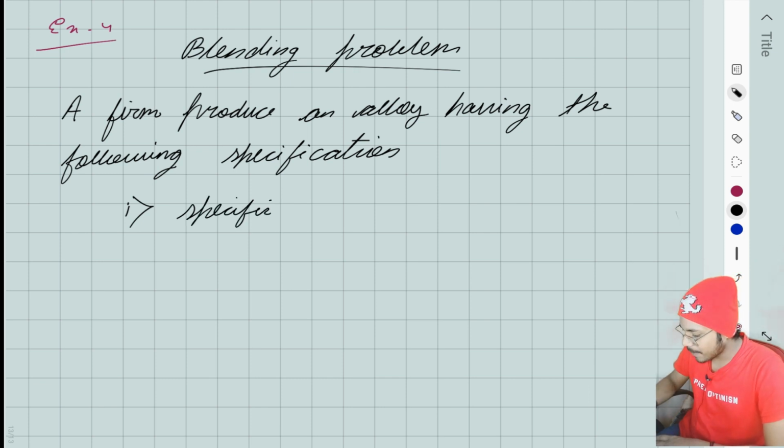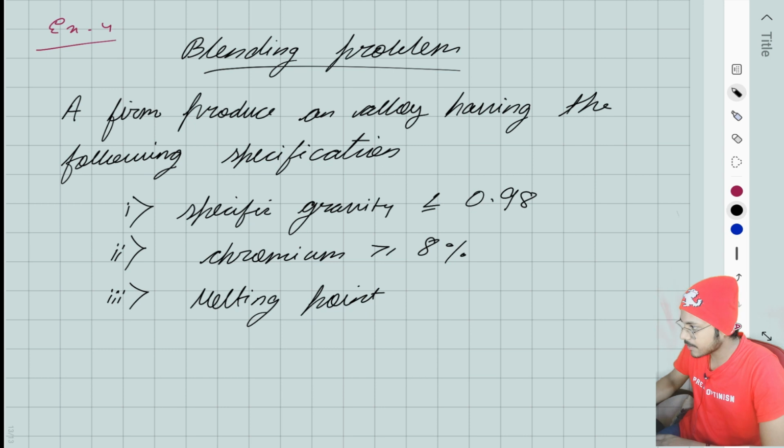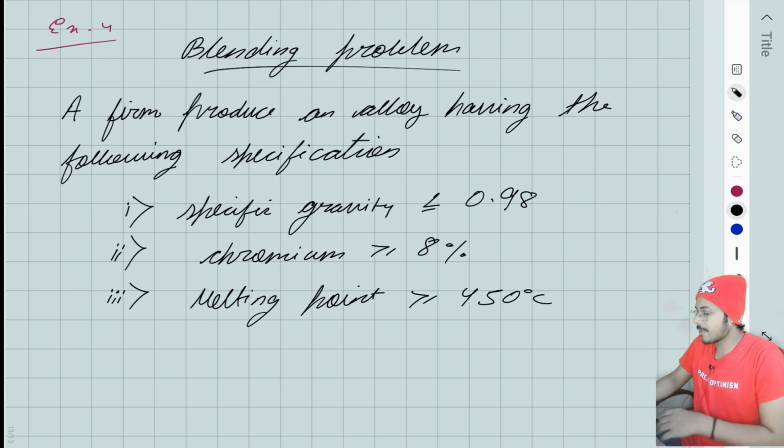Specific gravity should be less than or equal to 0.98, and chromium greater than or equal to 8%. Melting point? Less than or equal to 450 degree centigrade.